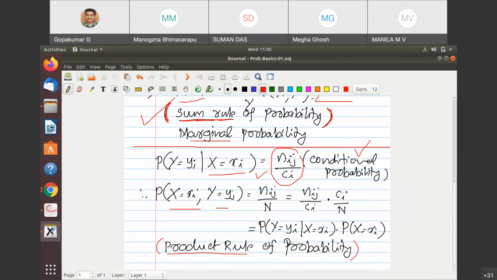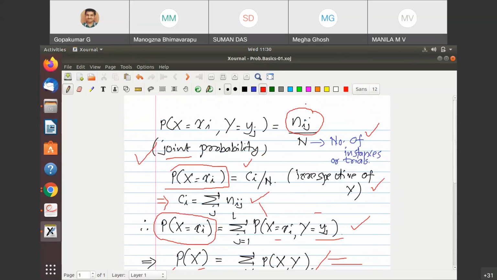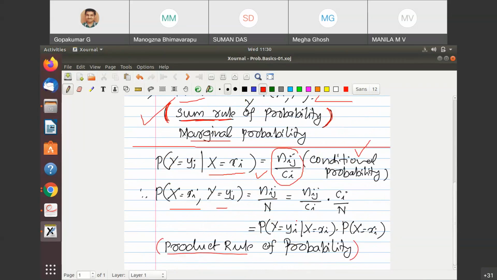Now if we go back to the joint probability, that is the probability of x equal to xi, y equal to yj, we know that it is nij divided by n from the previous equation. We can rewrite that equation in this form, by rearranging: nij divided by ci into ci divided by n.